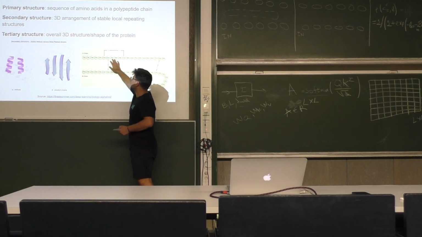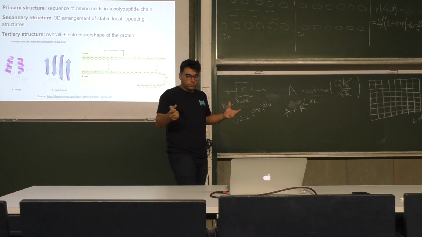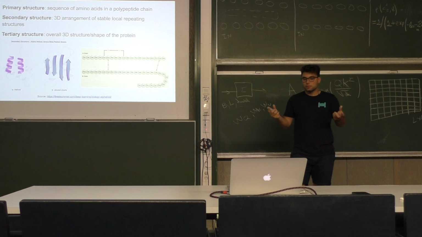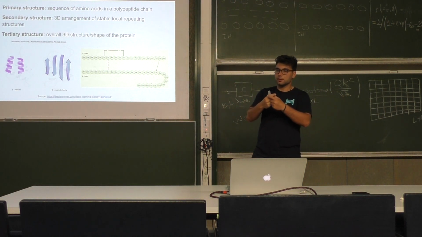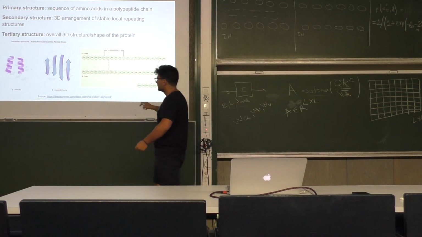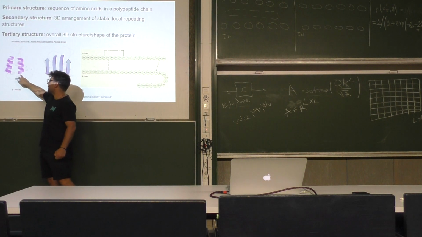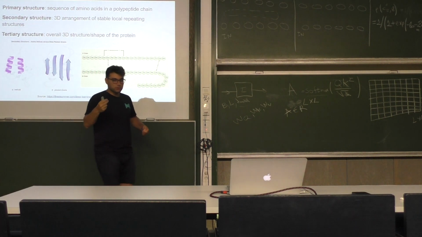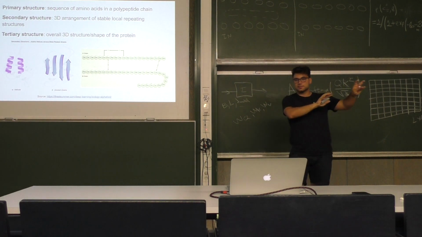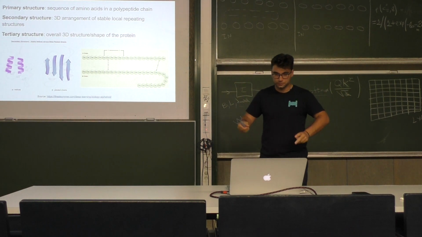Here we have 2 chains of amino acids, and what we really want to see is how these fold, and what is the outcome of the fold, which is the structures that they create. They tend to create some patterns, for example these ones: this is called beta sheets, and this is called alpha helices. This is called the secondary structure, which are patterns that are localized and can be identified, and then you have the overall 3D structure, which is called the tertiary structure.